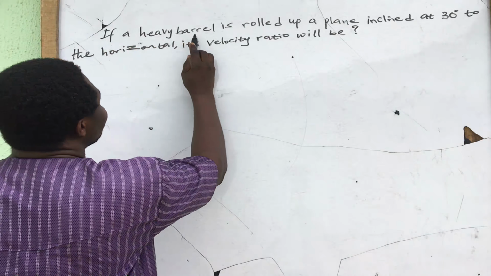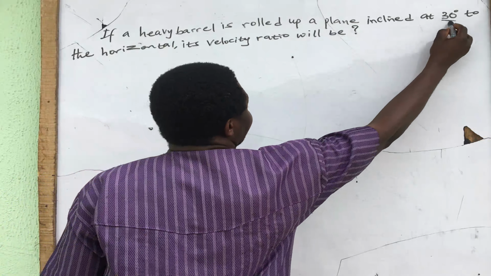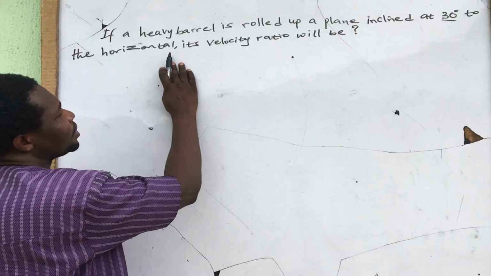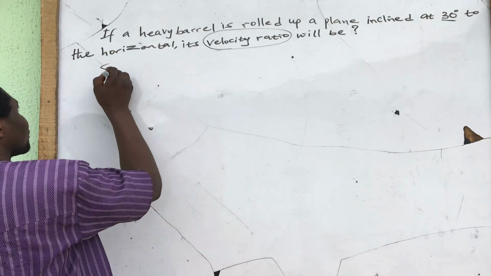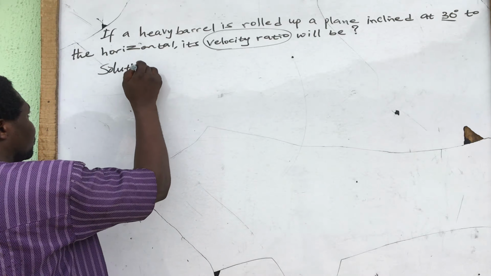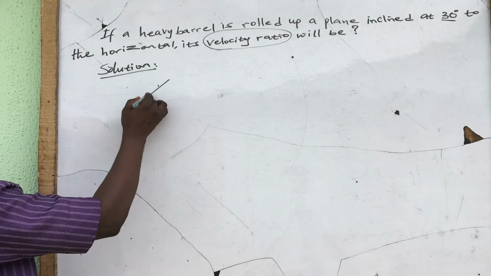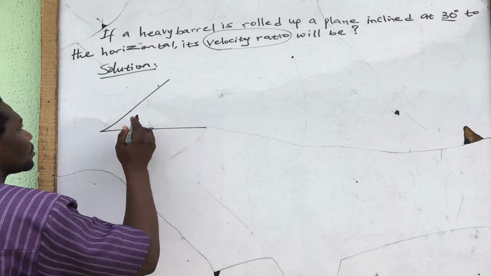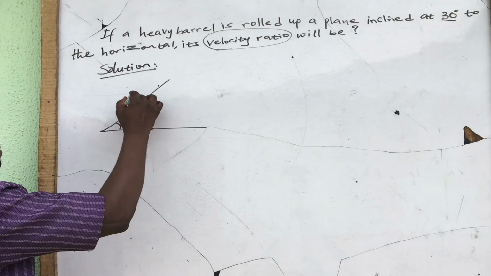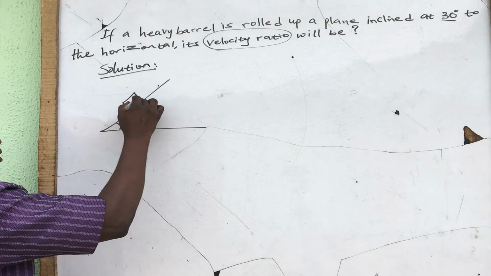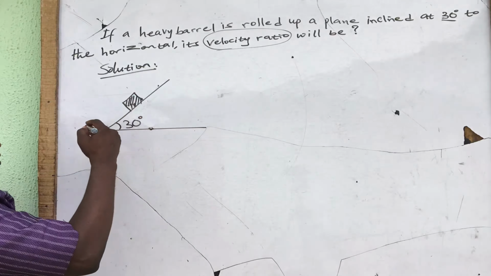If a heavy barrel is rolled up a plane inclined at 30 degrees to the horizontal, what will the velocity ratio be? To answer this question, let's draw the diagram. This is the inclined plane at 30 degrees, and this is the object on it.